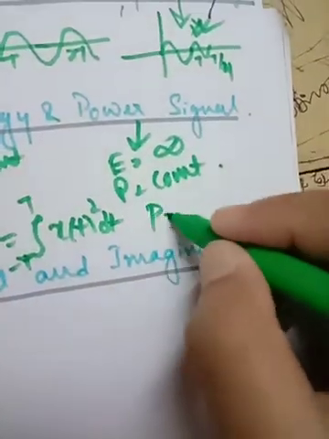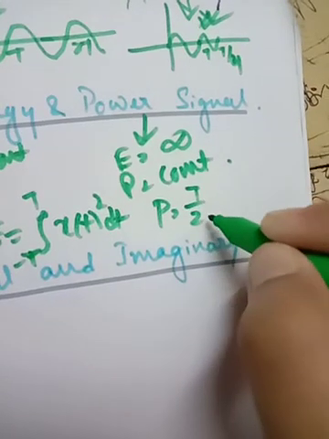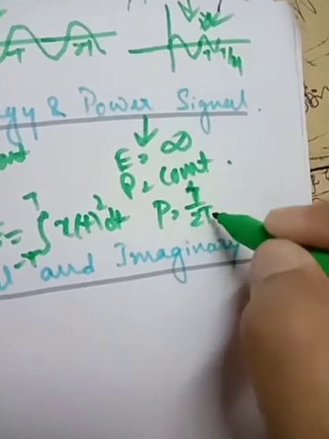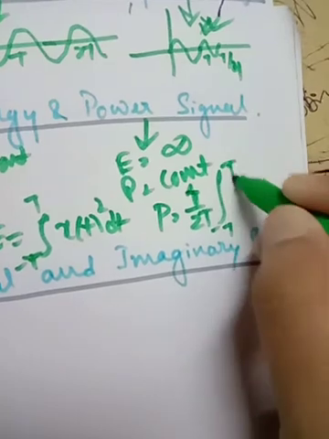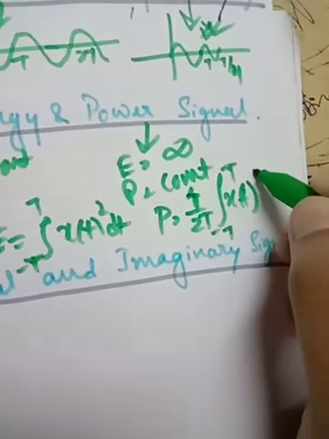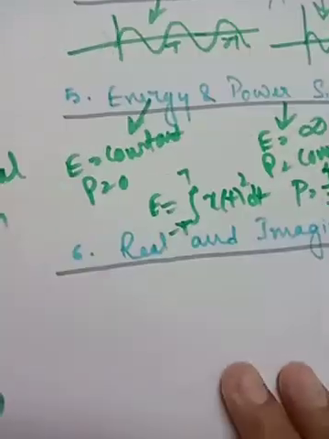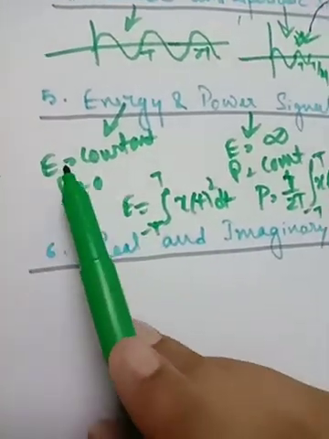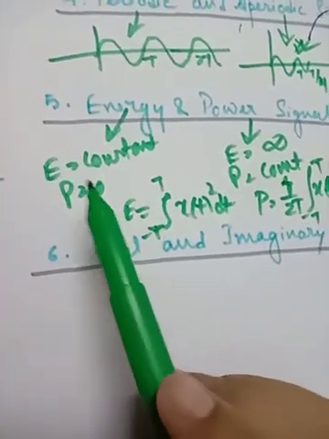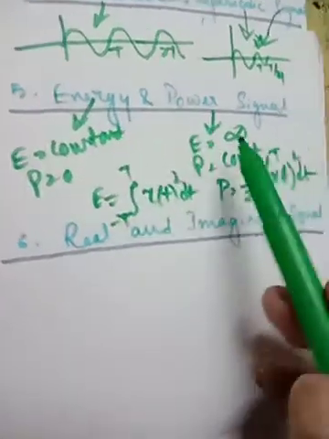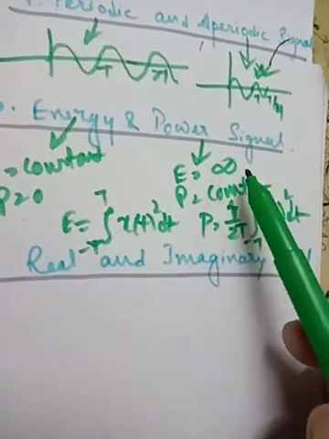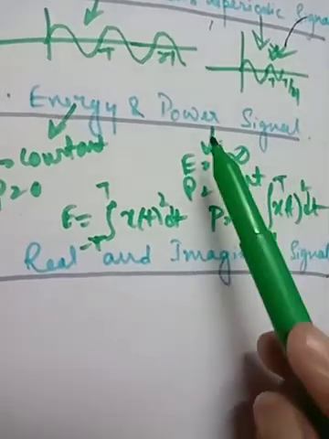For power, the formula is 1 by 2T times the integral from -T to +T of x(t) whole square dt. Using these formulas we have to calculate the energy and power. If P is 0 and energy is constant, it is an energy signal. If P is constant and energy is infinity, that is a power signal.